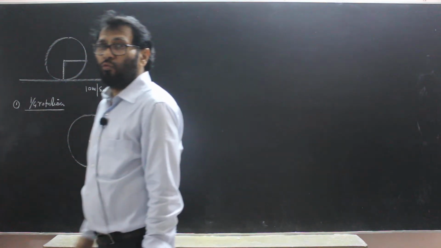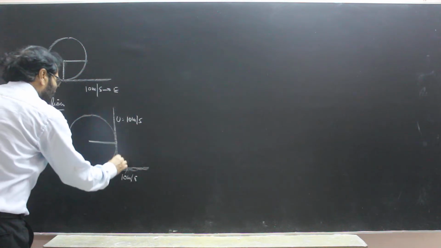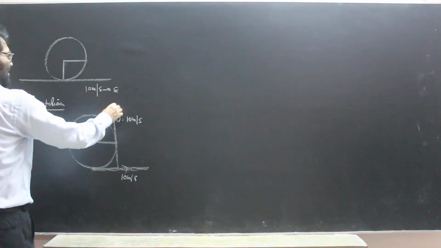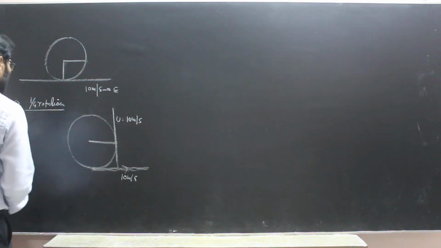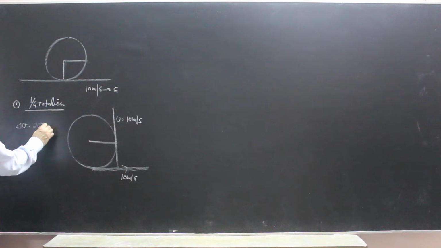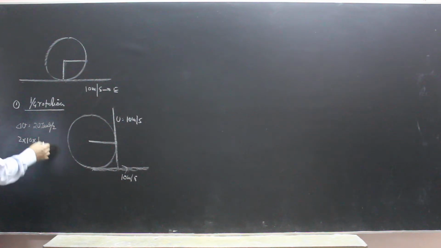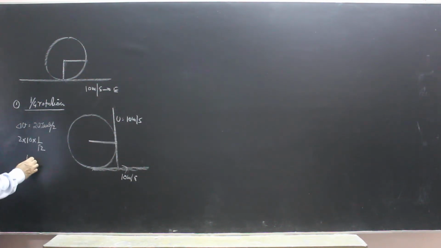After 1/4 rotation, it has been rotated through 90 degrees. The change in velocity will be from that formula, 2v sine theta by 2. So it is 2, and it is 10, and sine 45 is 1 by root 2, so it is of course 10 root 2.